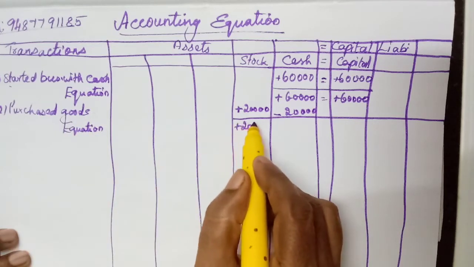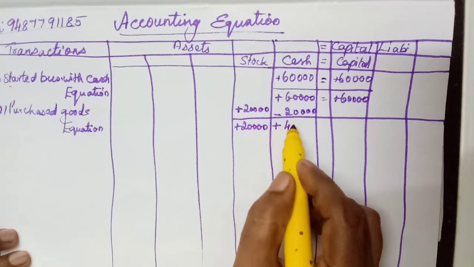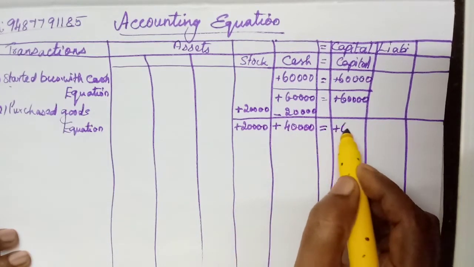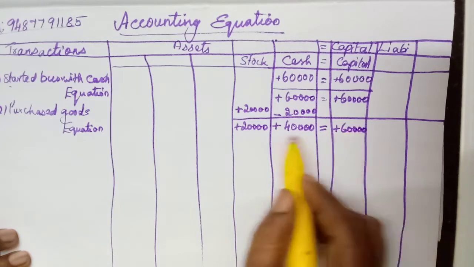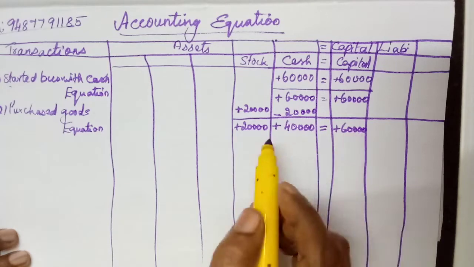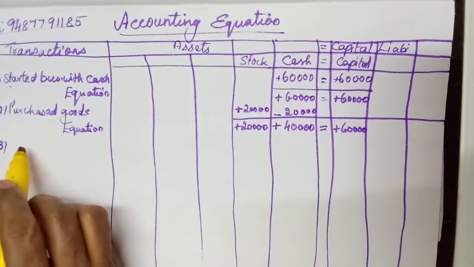So plus 20,000, here minus 20,000. So how much will we get? Plus 40,000 equal to plus 60,000. To check each equation, you can check, no? Here 60 we get, here 60. So it is correct.